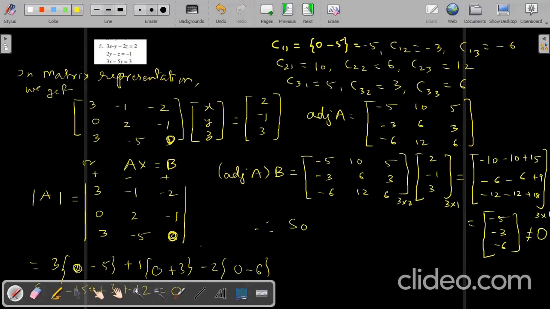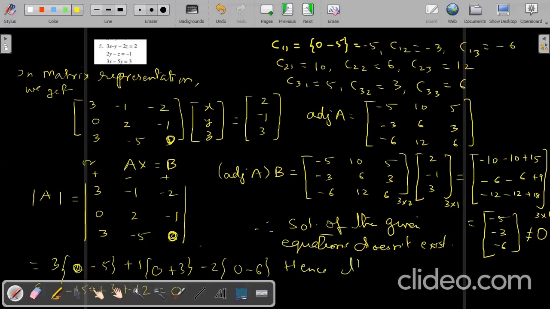Therefore, the solution of the given equation doesn't exist, hence the system of equations is inconsistent.